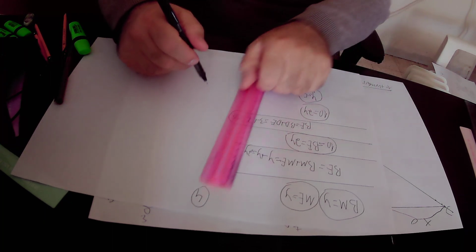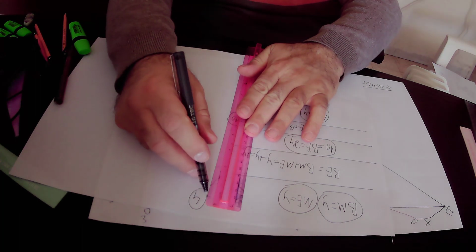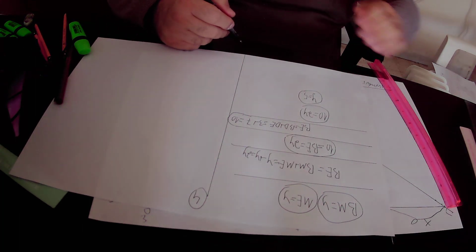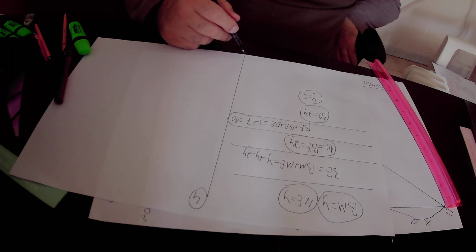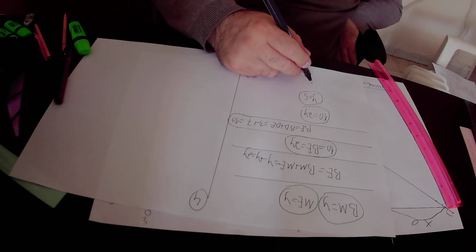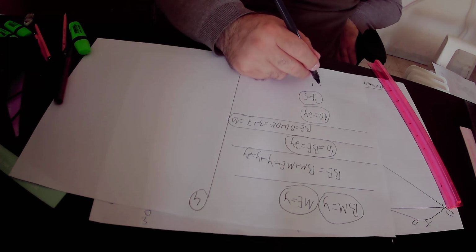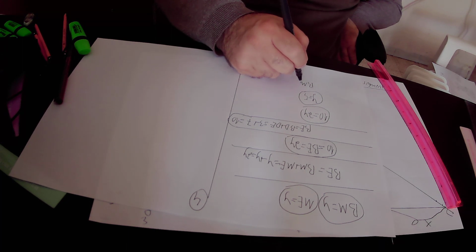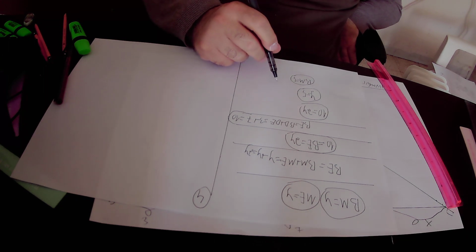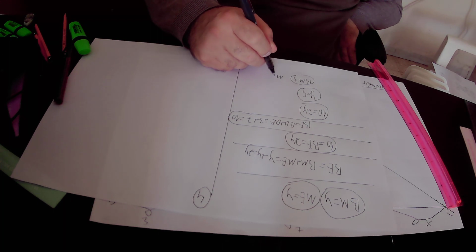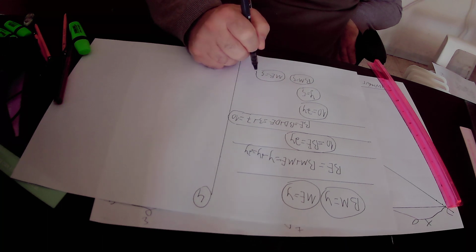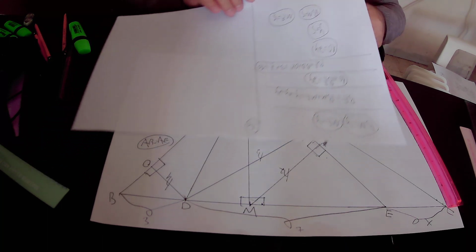So Y, which is actually BM, is equal to 5 units, and Y, which is also equal to ME, is also 5 units.